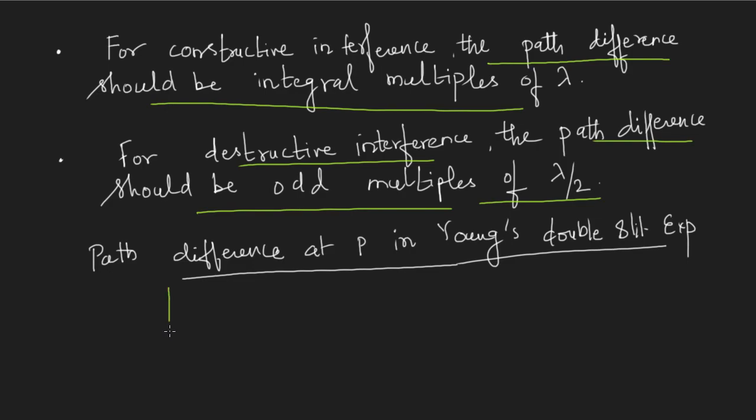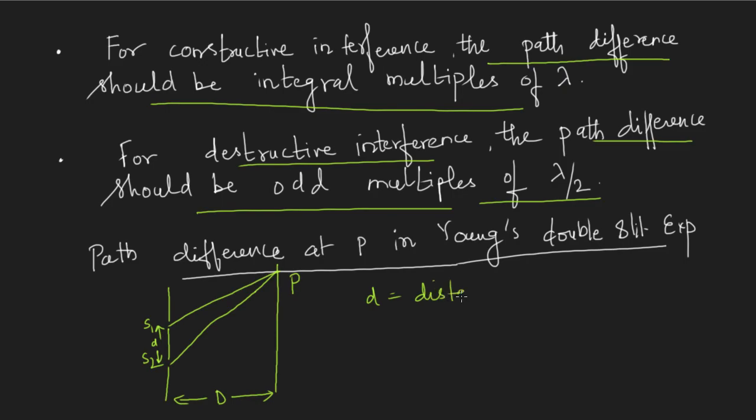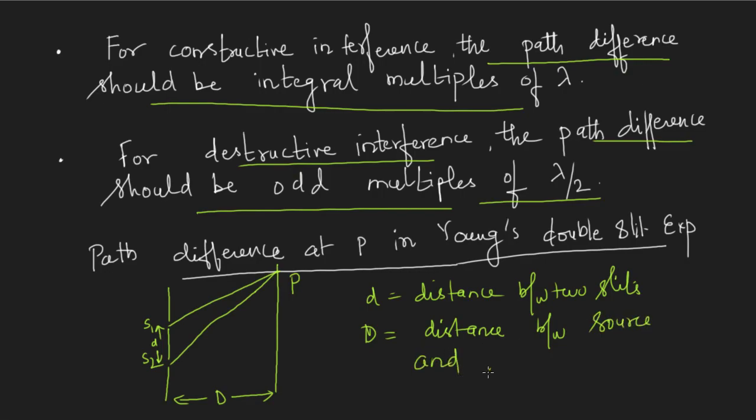Let us take again two slits, S1 and S2, and the two waves from S1 and S2 interfere at P. Now let d be the distance between two slits and capital D be the distance between the source and the screen.